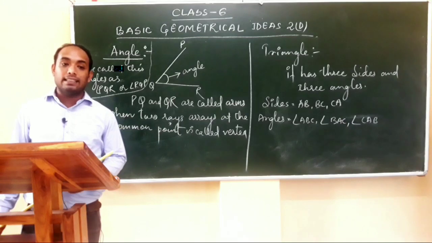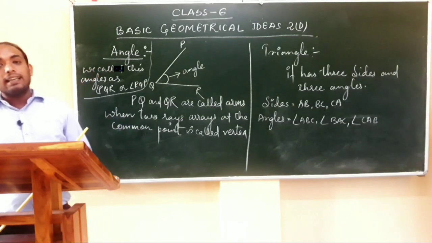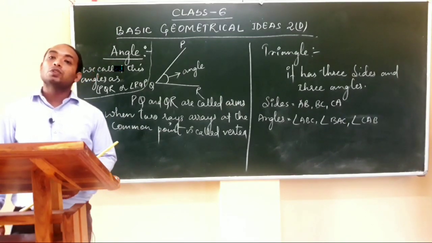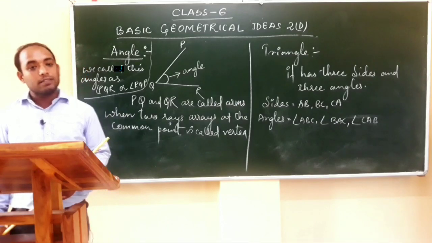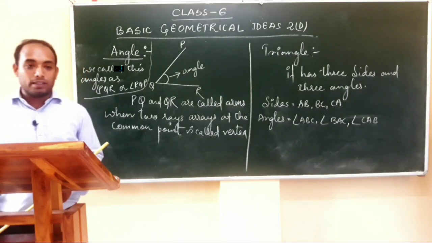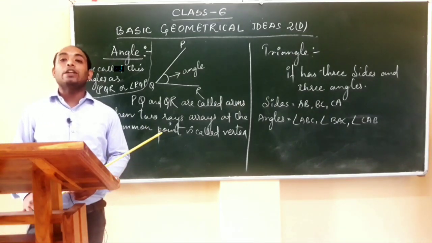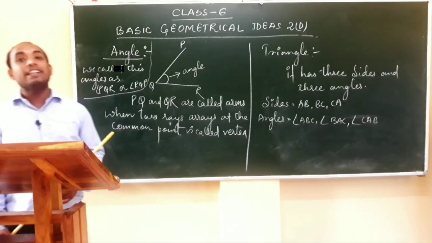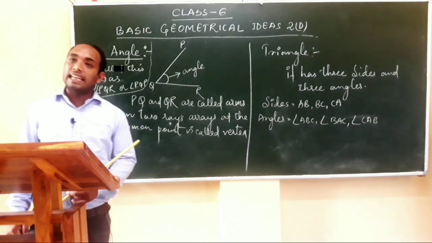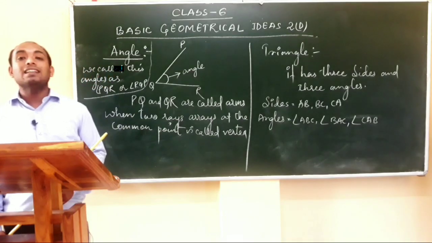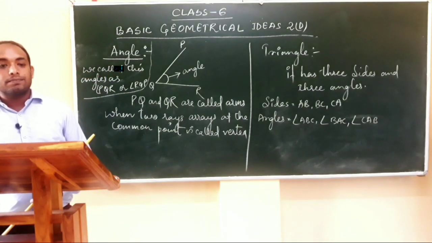Now, we will discuss angle. What is an angle? An angle is made up of two rays that have the same end point. In our day-to-day life, we see different shapes or different things where we find some corner.